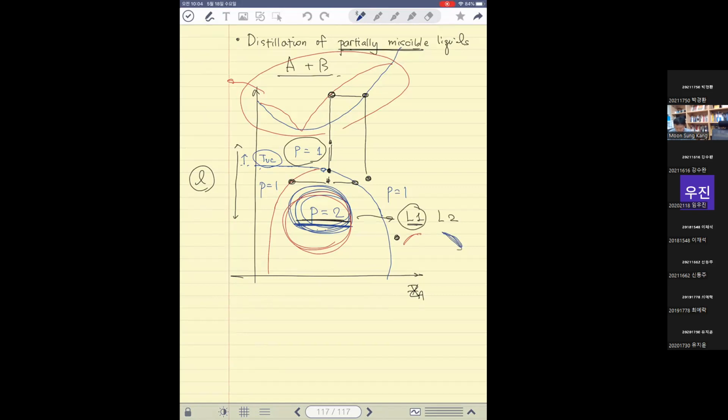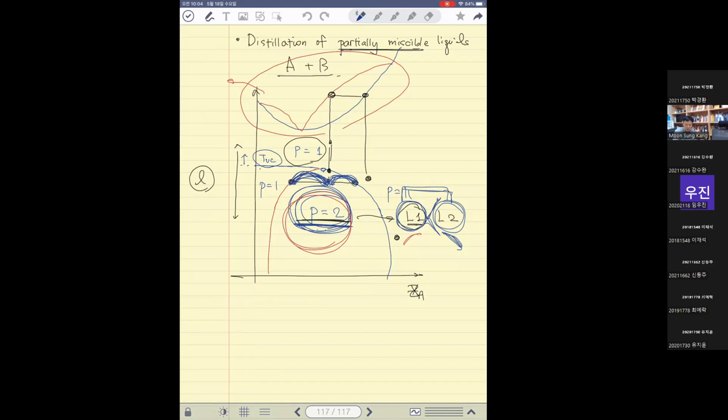Of course, the amount of liquid 1 phase and liquid 2 phase is going to depend on the lever. In this case, I have a larger wing on the left side than the right side, which tells you that I have more L2 than L1, but they are going to be phase separated, right? That's something that you can learn from a phase diagram that looks like this.